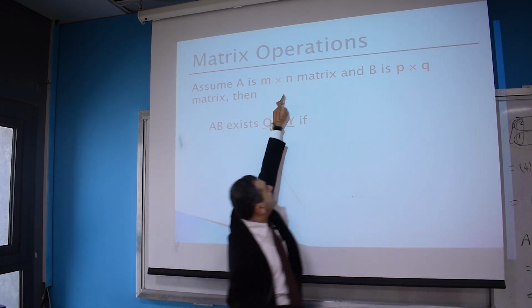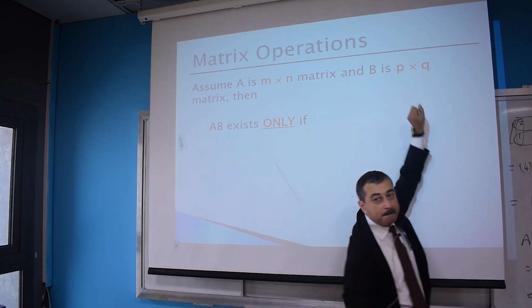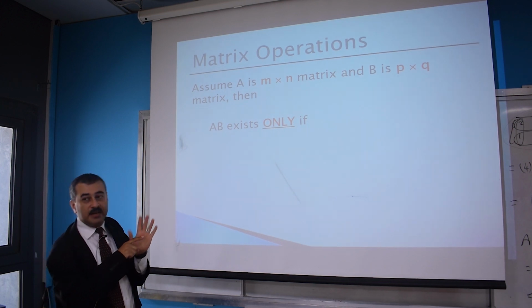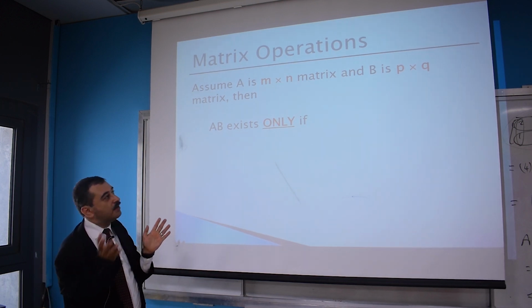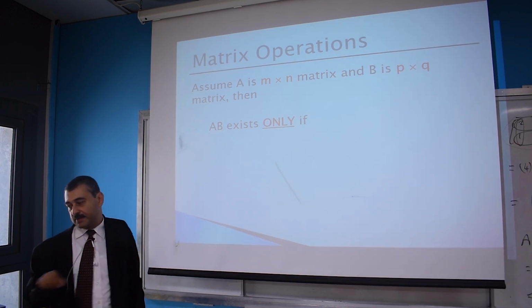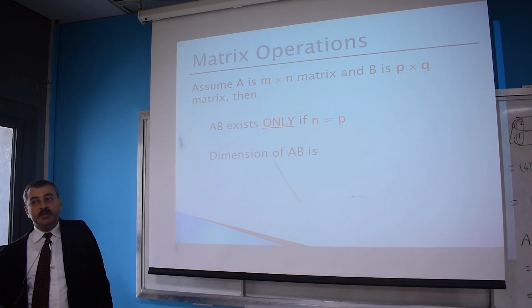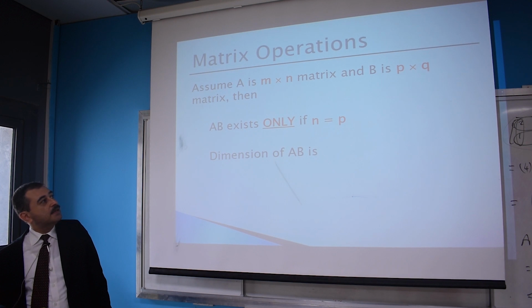This guy must be equal to this guy. Okay, the number of columns of the left matrix equal the number of rows of the right matrix, and the dimension of AB is m by q.